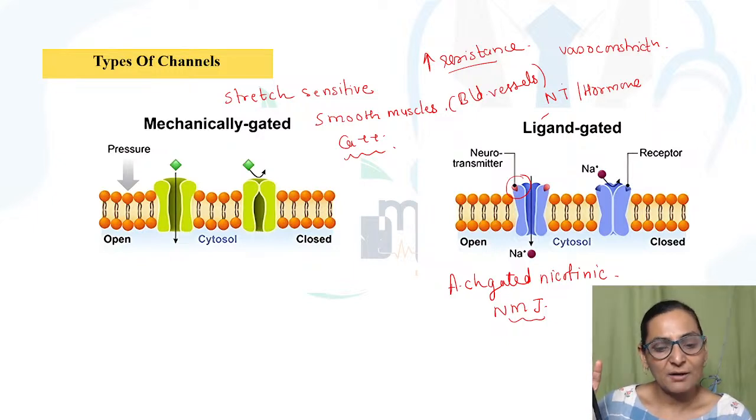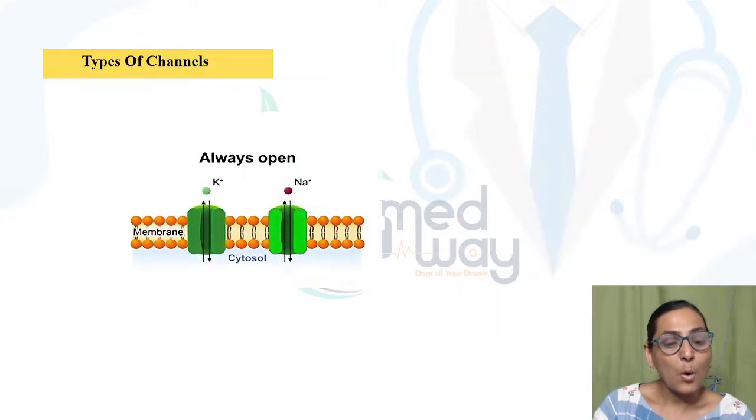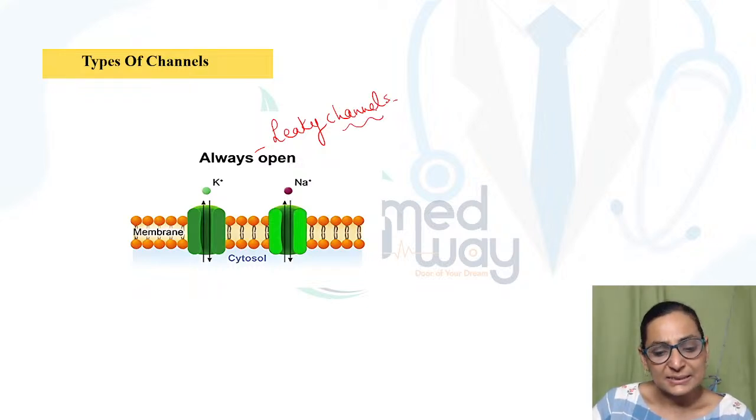So पहले हमने देखा voltage gated channels, mechanical gated channels, ligand gated channels, and always open. These are also called the leaky channels. What are these leaky channels?